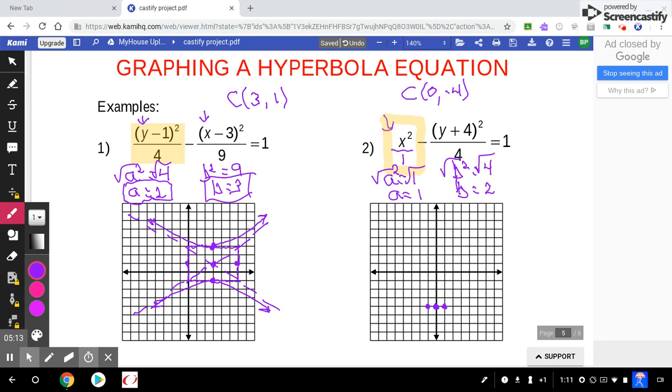And since my b term was underneath the y, b is 2, that means I want to move along the y-axis, or vertically, 2 units. And let's see if I can squeeze a box around these guys. Okay, not my best effort ever, but you get the idea. All right, so vertical asymptote dashed lines through the corners of the box.